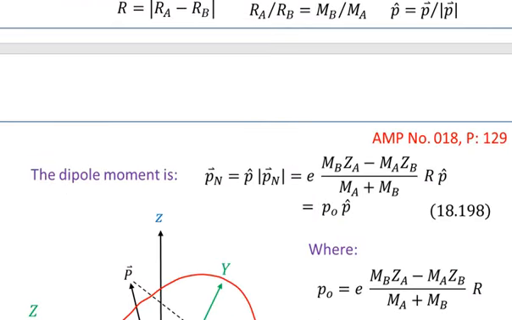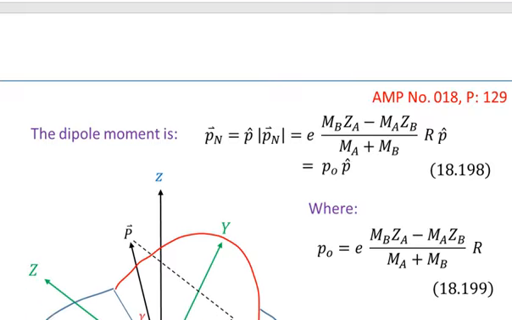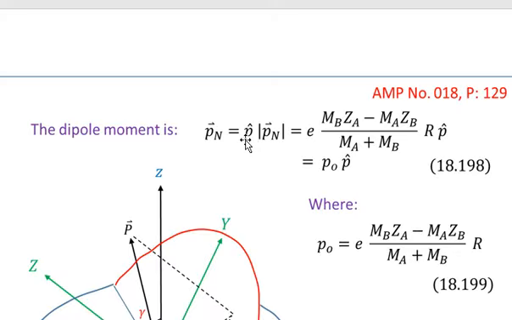Now the dipole moment Pn is what we are going to determine. So Pn will be equal to the P unit vector times the magnitude of the P vector. I have written the P unit vector on the right hand side. You can see it over here.